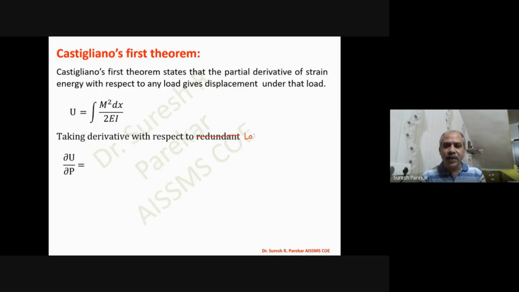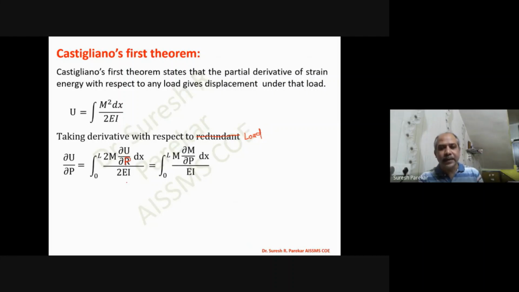If we consider a load as P, then we get delta U by delta P equal to integral 0 to L of M, the derivative of M with respect to P, dx upon 2EI. The 2 and 2 cancel, and I get M into delta M by delta P dx upon EI.